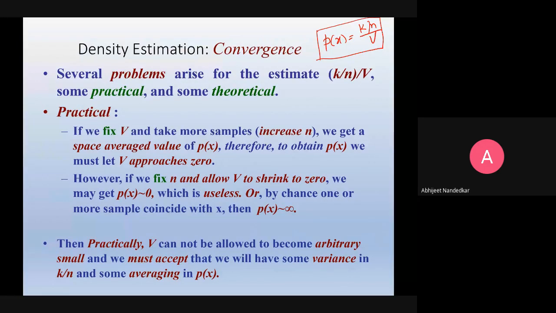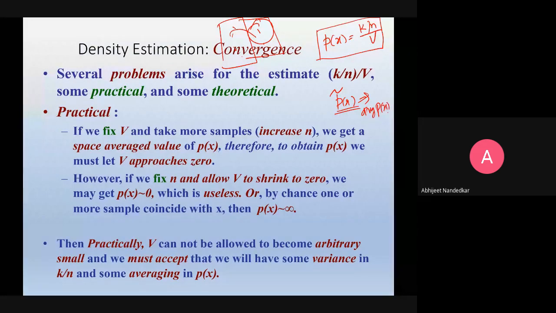If I keep on increasing the number of samples and the region is fixed, then this estimation of p of x will be the average value of the actual p of x.